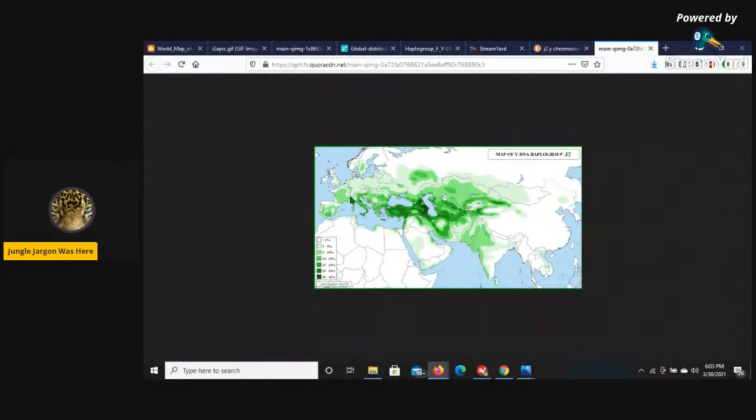Of course, there's a whole belt from Italy all the way through to Iran and beyond, as we can see, which is all I2 or J2. I mean, J2s and I2s are related, as we can see from this other chart.